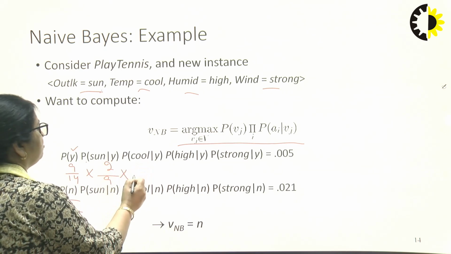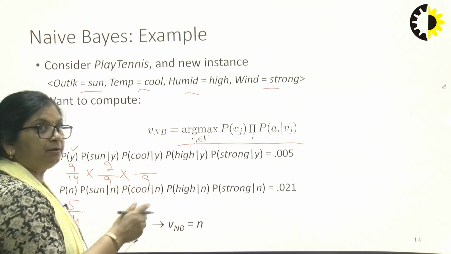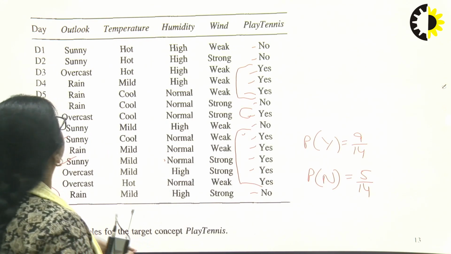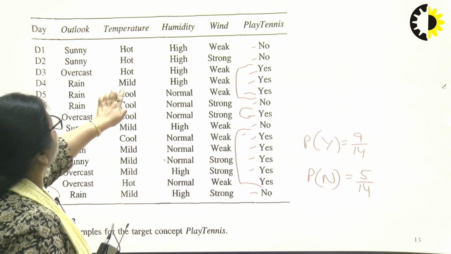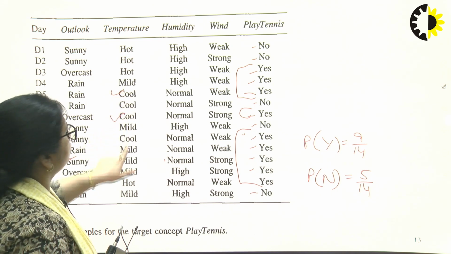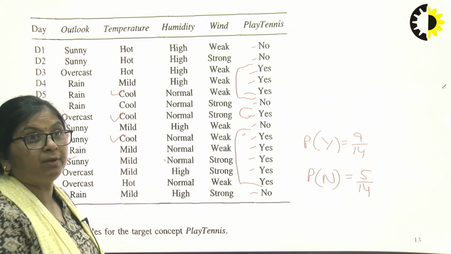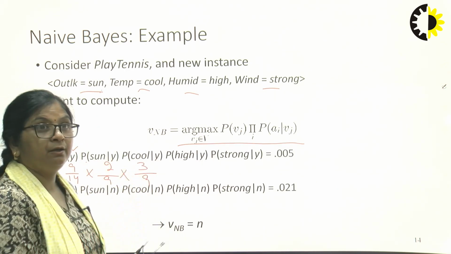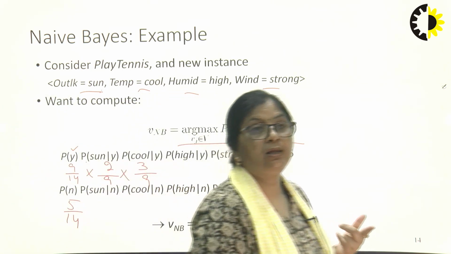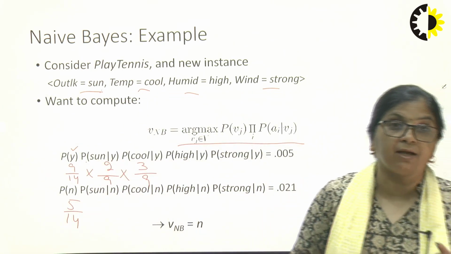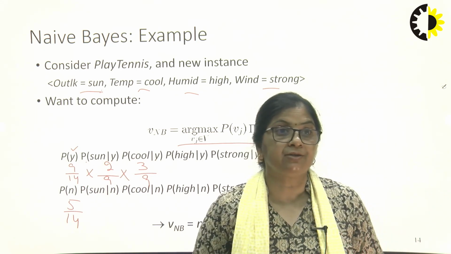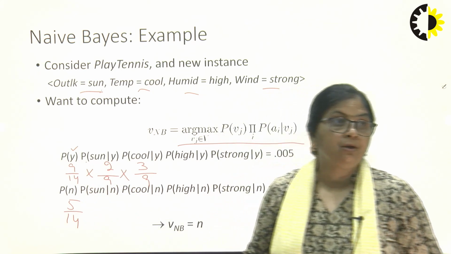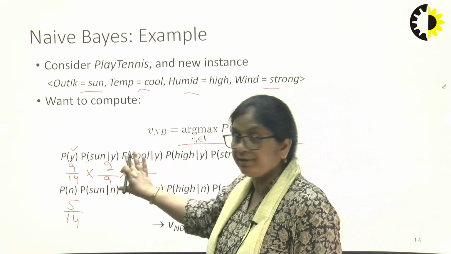Same way we will find, when it is yes, how many are cool? Temp is cool in this case 1, 2, 3. It is 3 by 9. So, we have taken all the attributes independent of one another when the classification is given, and the classification we have considered as yes or no. We are considering it for the yes class.